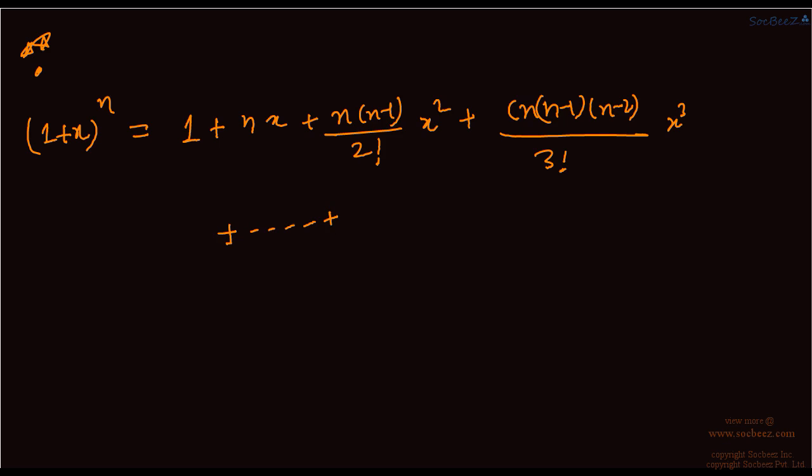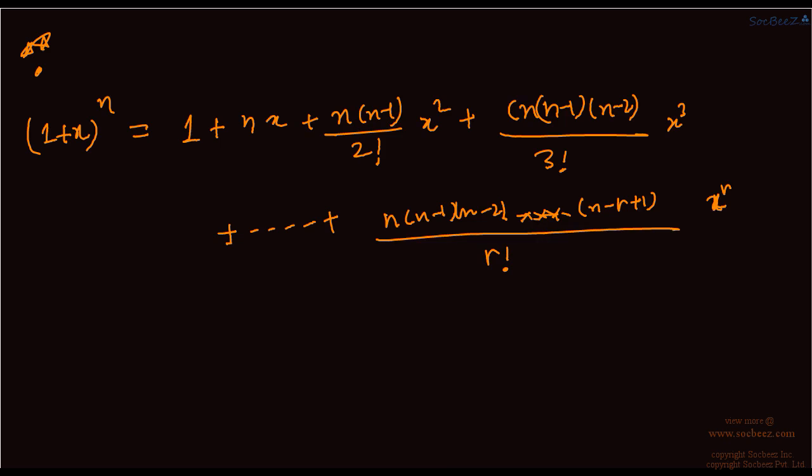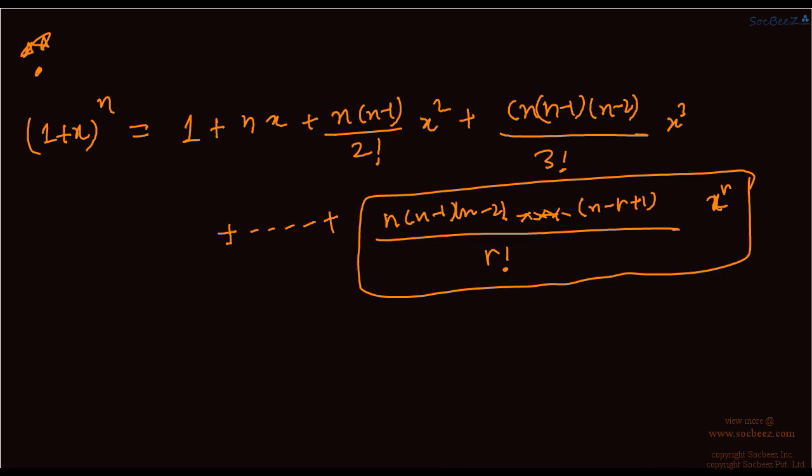Then this is added up to n(n minus 1)(n minus 2) up to (n minus r plus 1) upon r factorial into x to the power r. If you remember this term, which is the rth term, you can derive all of these terms by just putting the value of r as 0, 1, 2, 3, 4, 5. Plus this will go on to infinity.